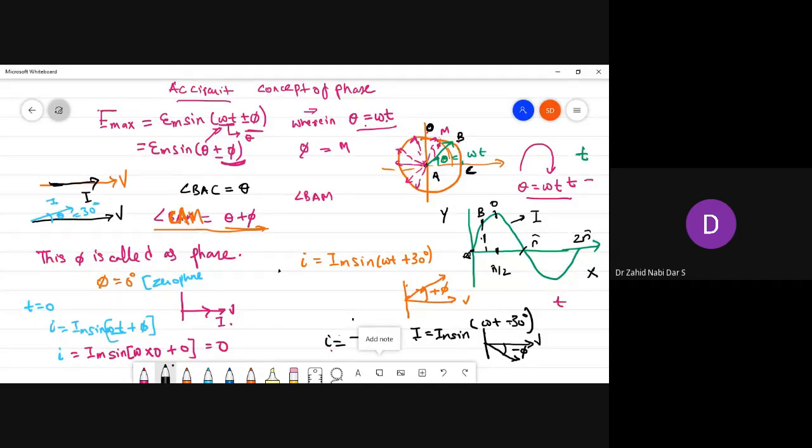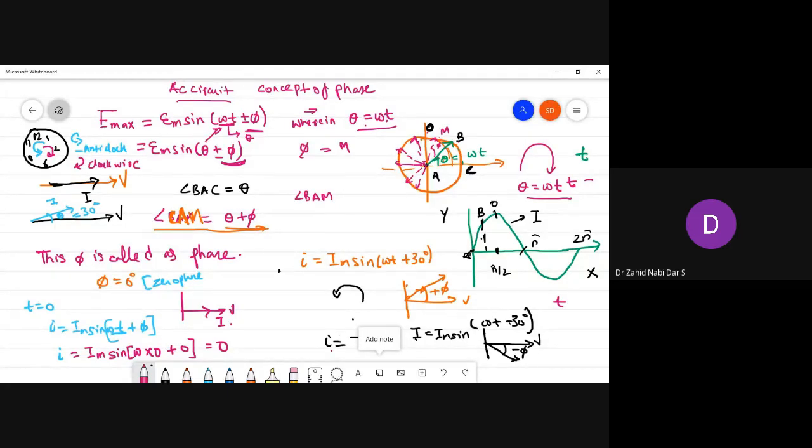Now notice that when phase is measured anti-clockwise, it is positive. This thing you have to remember. See how our clock goes: 12, 1, 2, and so on. The opposite direction is called anti-clockwise, and this direction is clockwise.